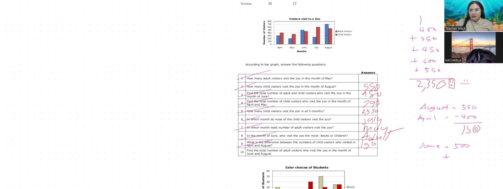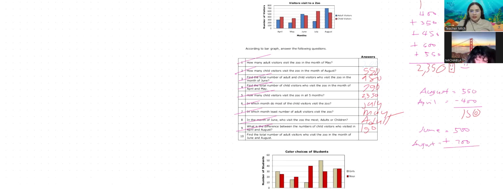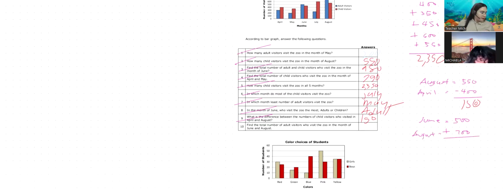Now, you add this one. 500 plus 700, the result is 1,200. Okay, very good. That's 1,200. Okay, can you please write your answer? Okay, very good. Okay, how about this one?